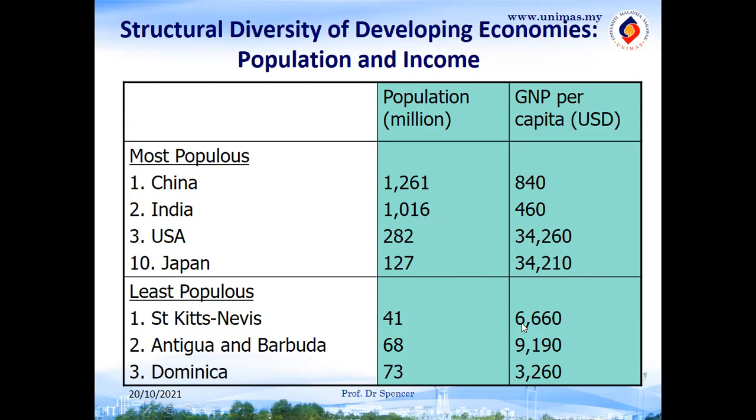But the GNP per capita is quite big. Yeah. All right. Now this is not 41 million. Sorry. I think this is probably about thousands, not million, over here. I'll check on that later. But it's one of the smallest countries. Yeah?